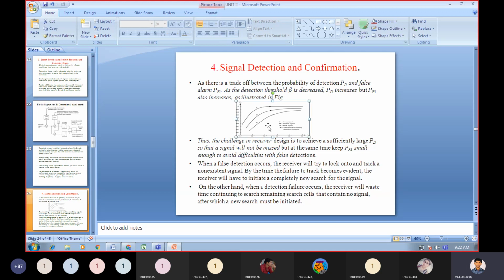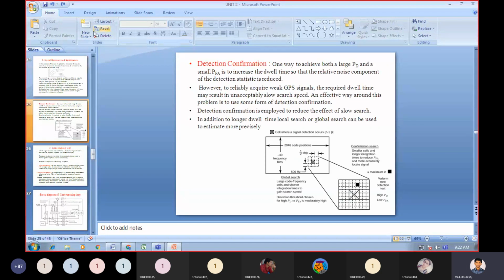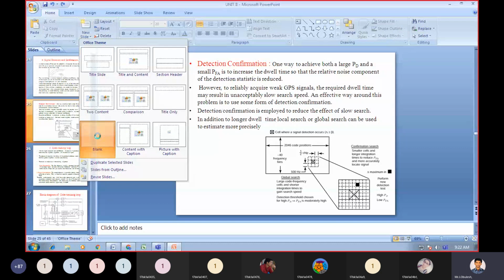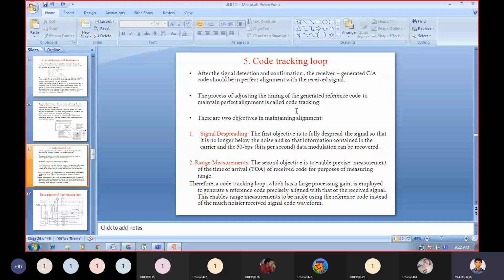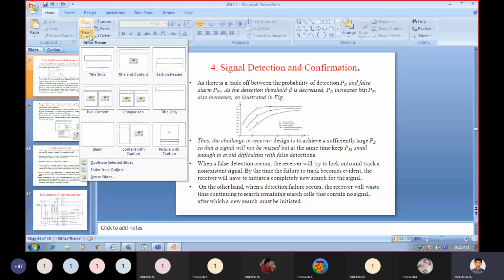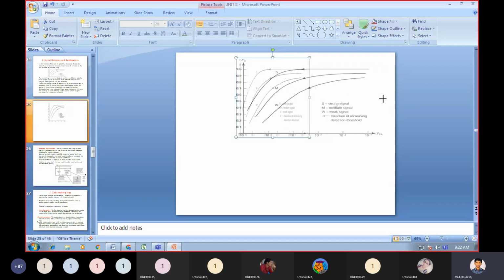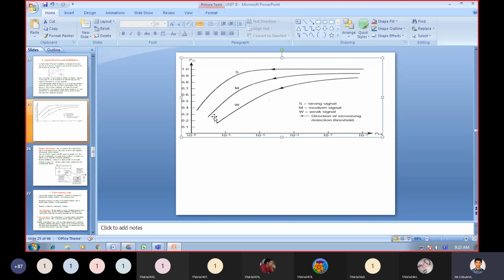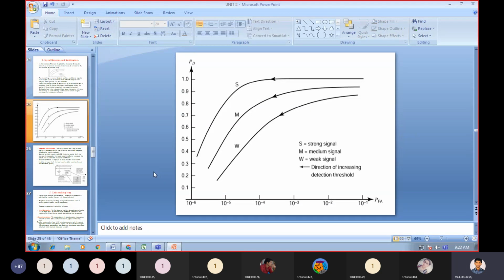You need to see the figure carefully, then you will get the clarity.